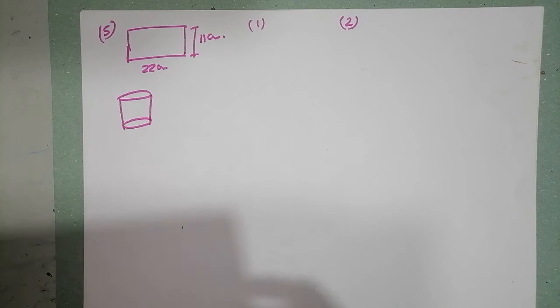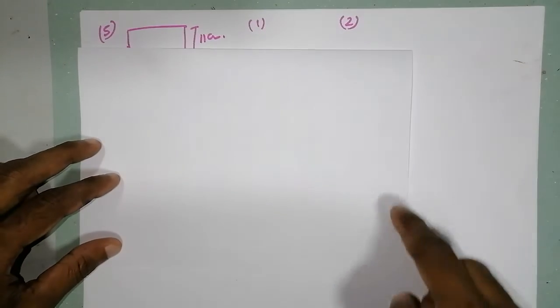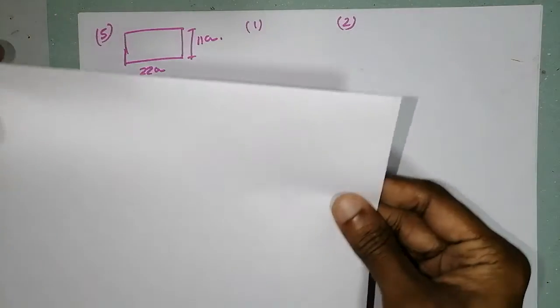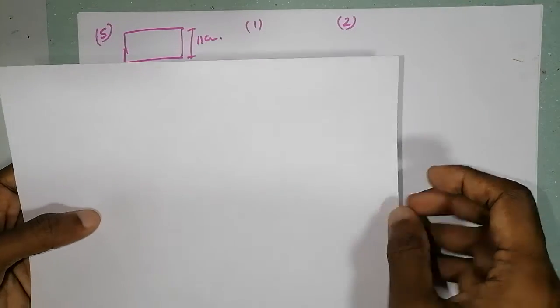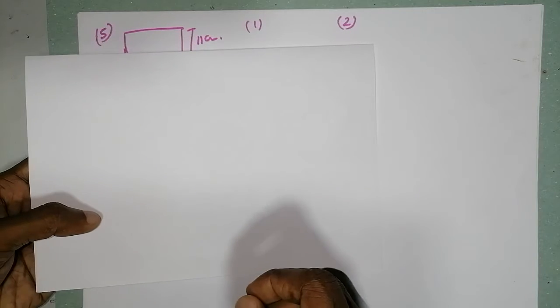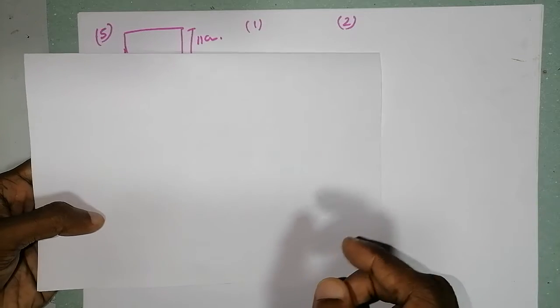This is the rectangular sheet they are mentioning, 22 centimeter length and 11 centimeter breadth. With the length and breadth, we need to create a cylinder. Each side forms the curved edge. So what does that mean?